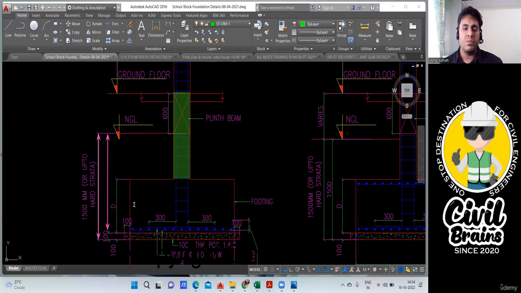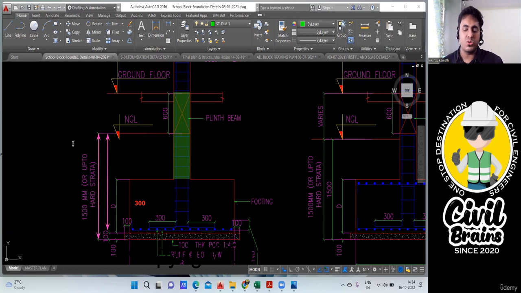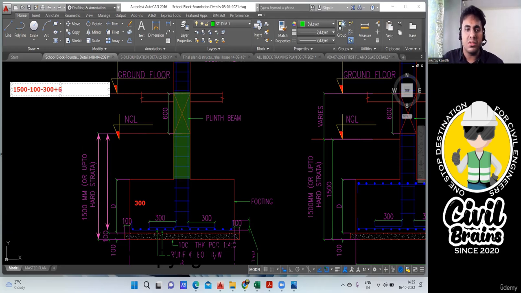Let us say this is one footing whose depth is 300 mm. Now you tell me what will be the height of your column. First, what you're supposed to do: 1500 minus the PCC thickness, 100 mm, minus the depth of the foundation. Let us say for F1 it is 300 mm. Okay, so now if I get the answer, I'll reach this level, plus I need to go till the plinth beam top, plus 600.